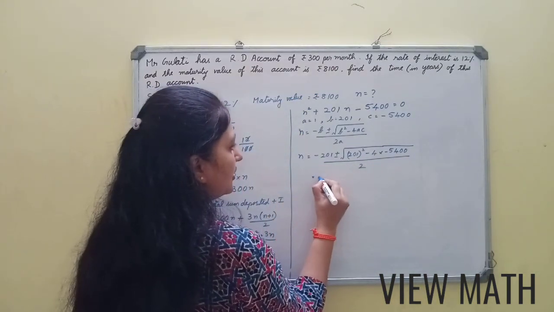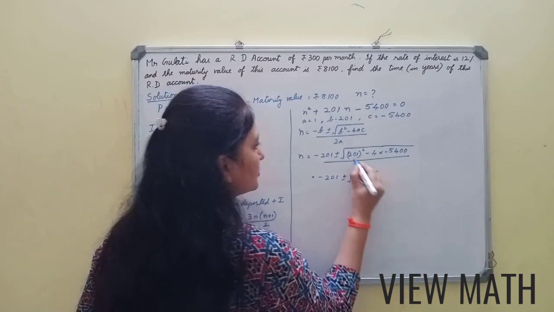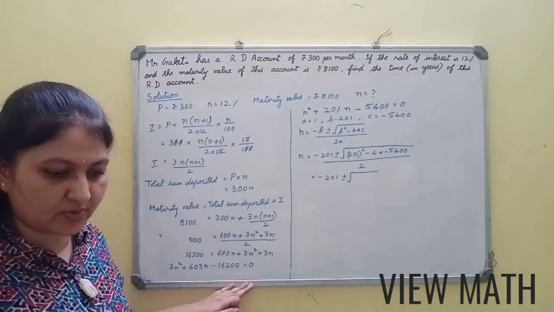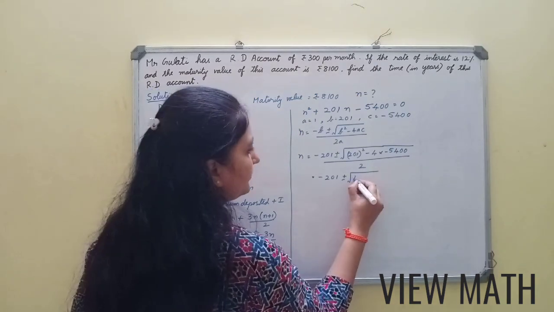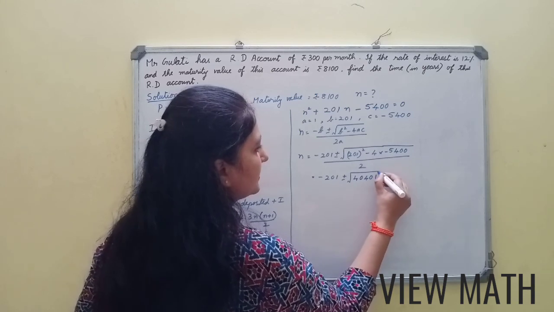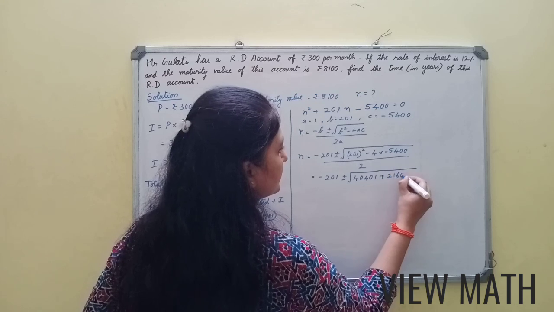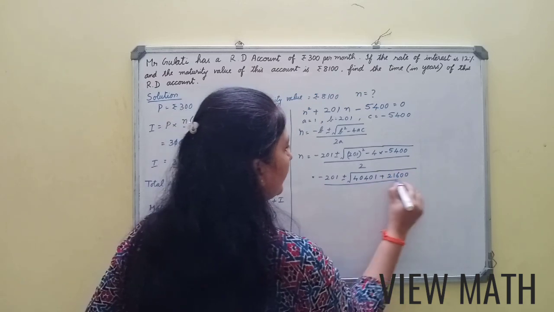So this is equal to minus 201 plus or minus square root of 201 the whole square is 40,401, minus into minus plus 21,600, by 2.